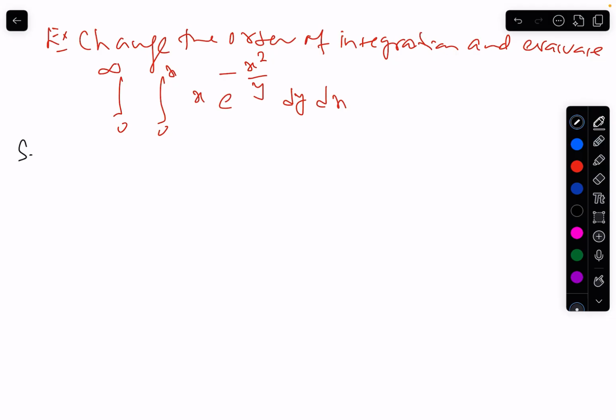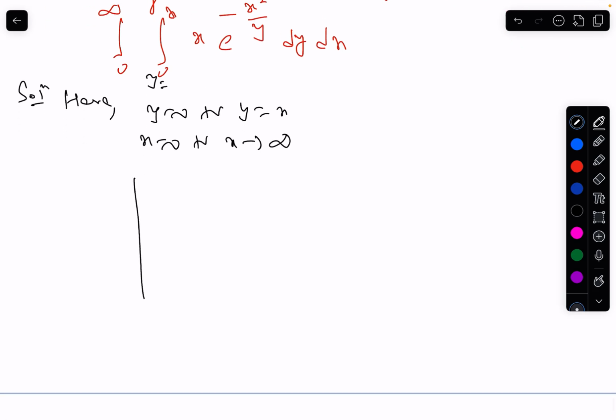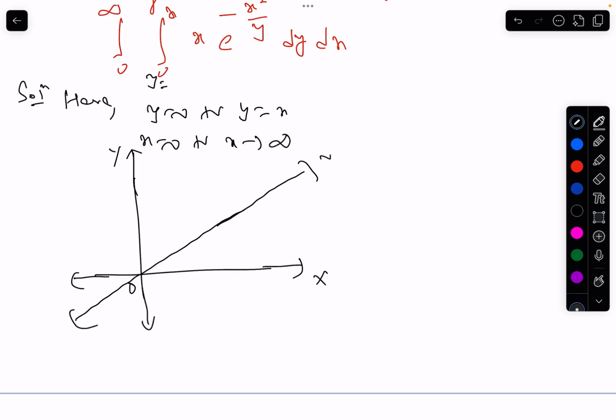Now here this limit is of y equal to 0 to y equal to x, and x equal to 0 to x infinity. So let us draw the region of integration. So here y is equal to x.